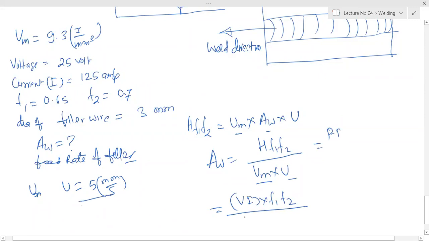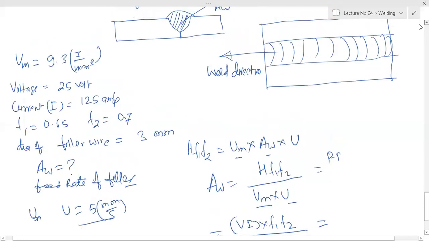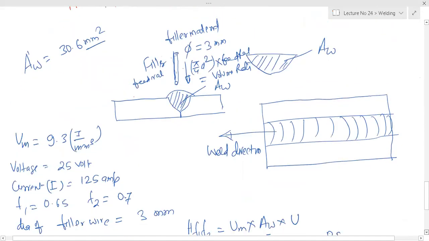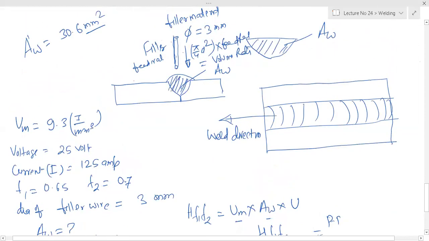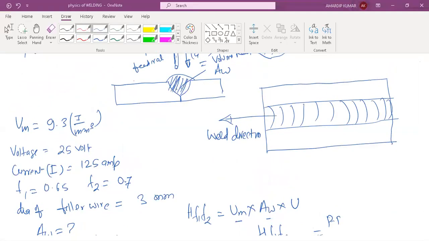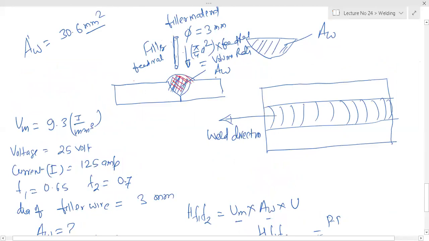So you can write everything, and this comes to 30.6 millimeter square. That is this area now, this area is your AW. But this is your length, right? Now entire weld speed, now this area, or I can say this volume. One minute.